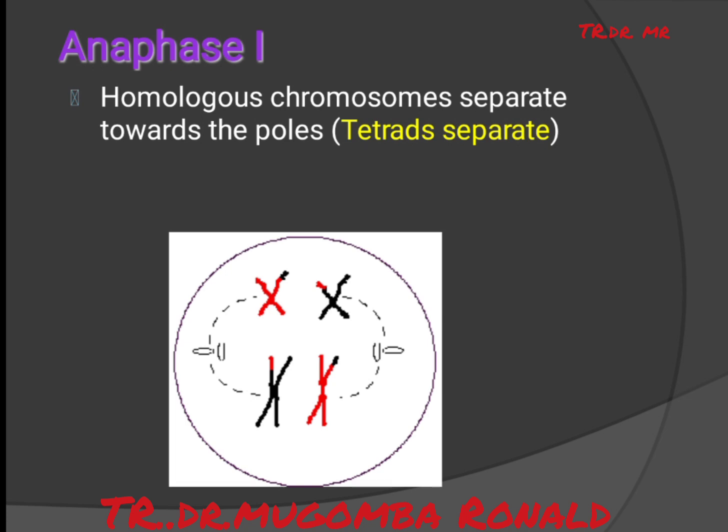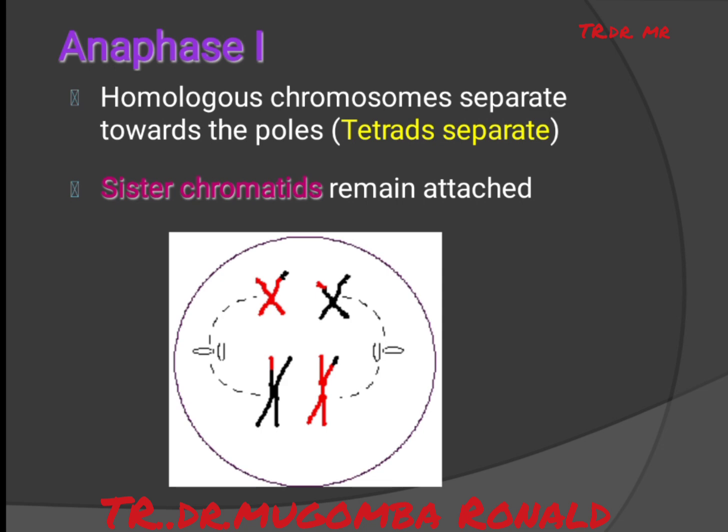You can clearly see the spindle fibers have now formed, and now they are dragging. You can see the proteins within the spindle fibers start to contract, and they pull the homologous pairs apart and separate them towards the opposite poles. A point to note is that the sister chromatids remain attached to each other.